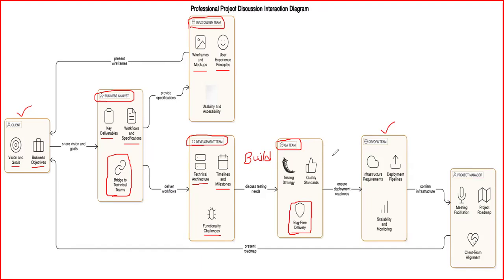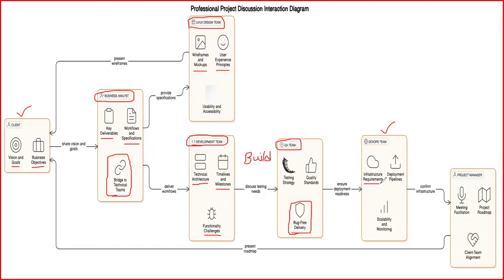We need to deploy that code to production, and that process will be handled by the DevOps team. Once we provide the go decision from the QA team end, the DevOps team will take care of the production deployment and everything from their end.